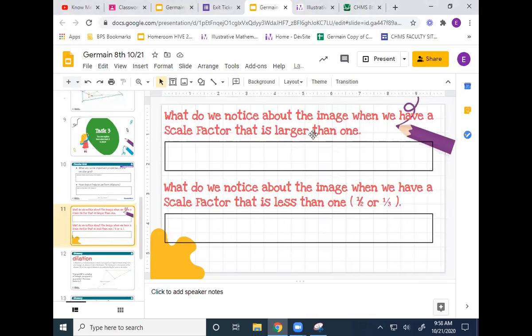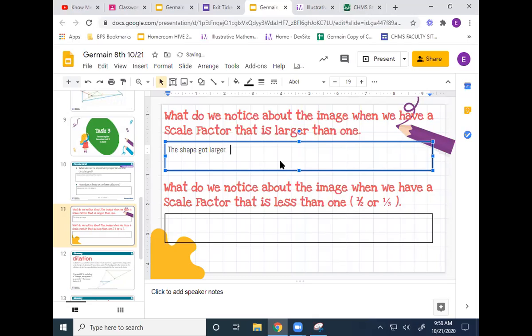What happened to that original image? The shape got larger. Exactly, Mateo. That's the main takeaway of this lesson: when you multiply by a scale factor that's larger than 1, the original shape gets larger.